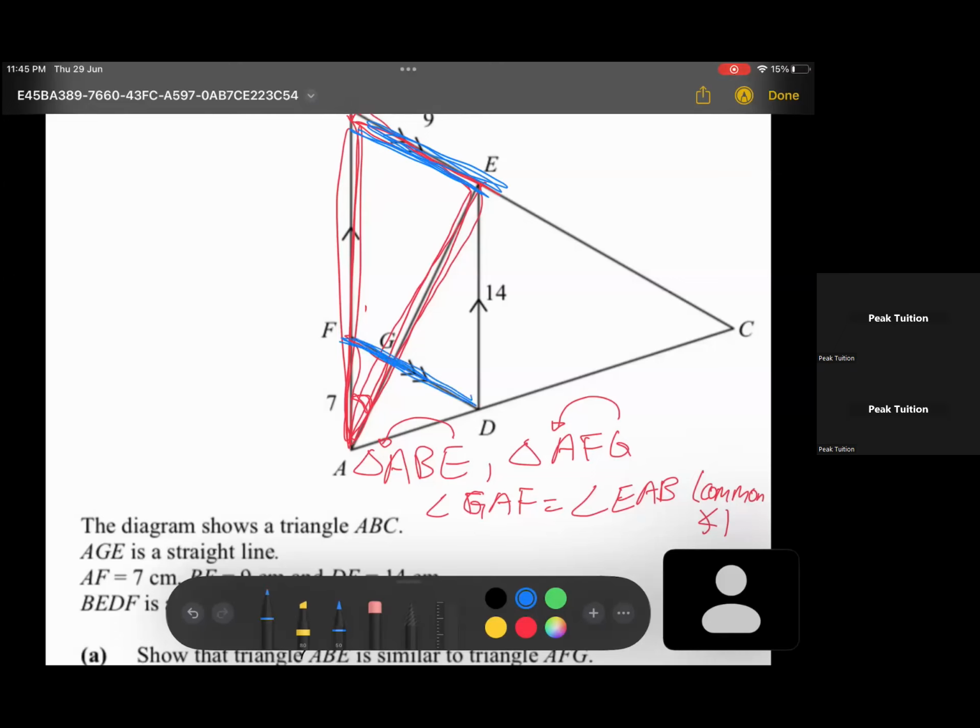This is significant because I can say that by corresponding angles, this angle plus this angle equals 180 degrees. That's the rule for corresponding angles, because this line FD is parallel to this line EC. So the inside angles sum up to 180 degrees.